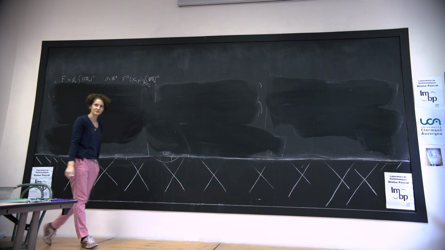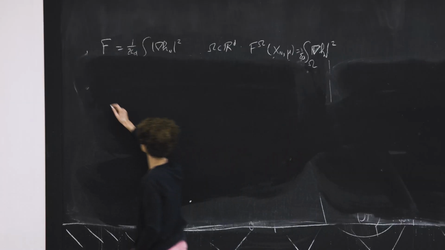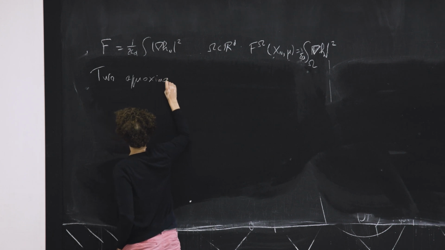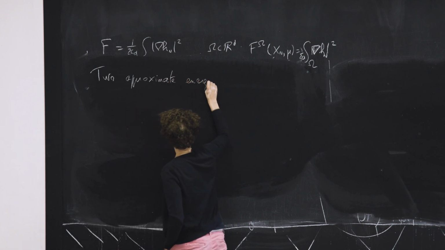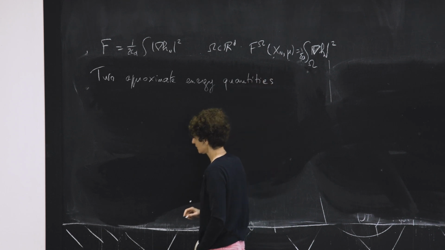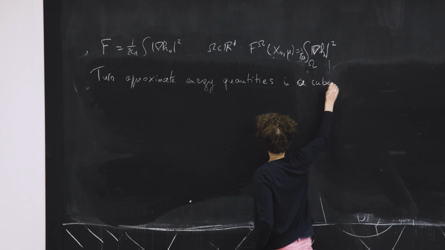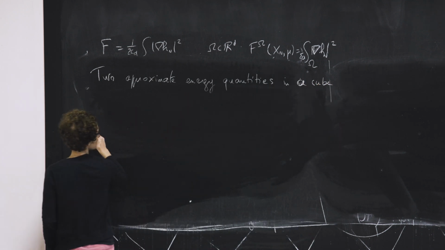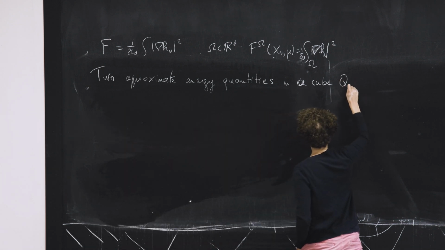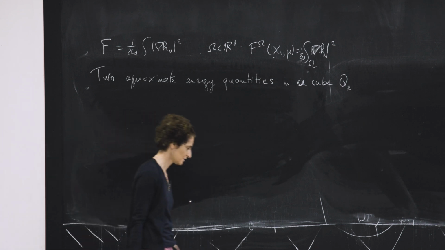Okay. So now we're going to introduce two approximate energy quantities in a cube. Okay, so my omegas, I'm going to take them to be cubes. And the cube, we're going to call it Q. And it has a size R in blown up scale.